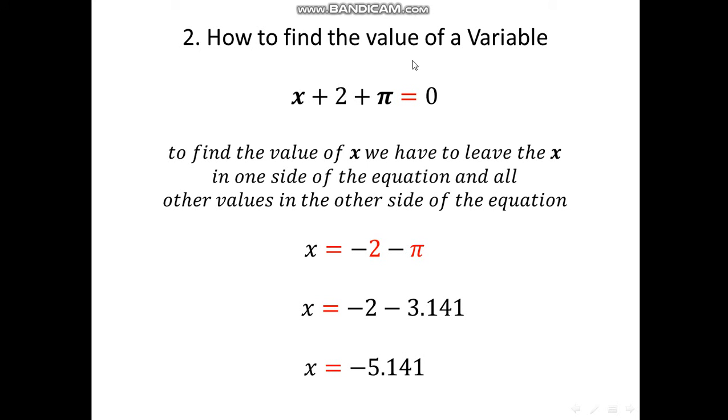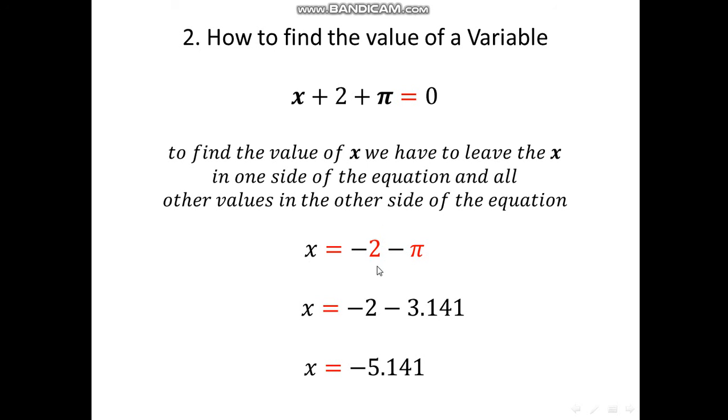Also for the pi, when it comes to the other side, it changes sign. This is not our subject now, but I'd like to tell you I'm solving this equation for x. When I'm solving for x, I leave x on one side of the equation, on the left side of the equal sign, and everything else on the other side.